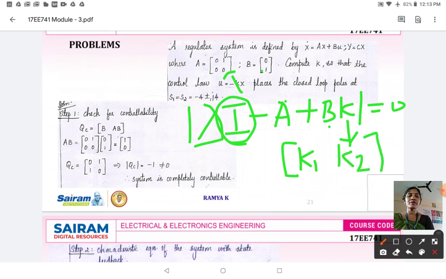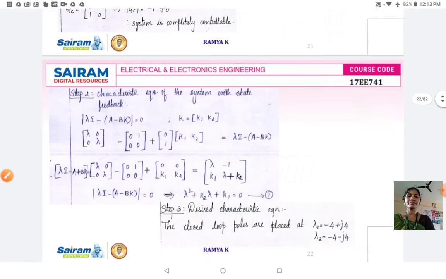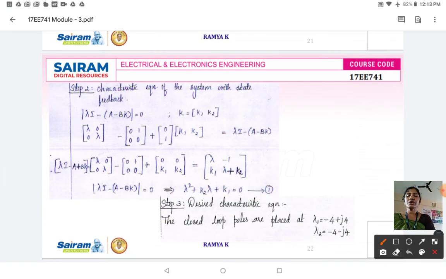Only two terms will come, because you have only two state variables. When you substitute into lambda I minus (A plus BK), you get the terms like this. Once it is solved, you will get lambda square plus k2 lambda plus k1 is equal to 0.